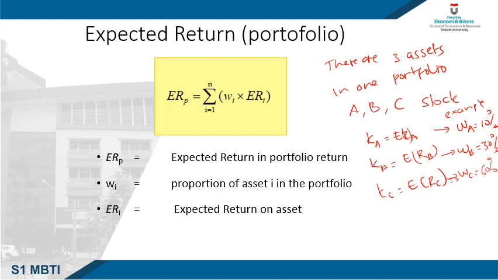So this is what we call the portion or weight. Got it? Then after that, the expected return of this portfolio will be the weight of A times KA plus the weight of B times KB plus WC times KC.